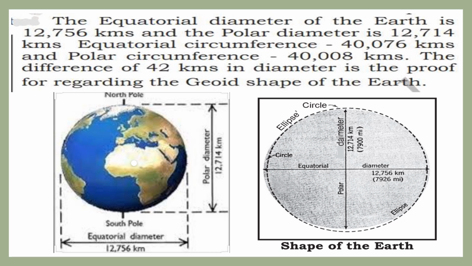The difference of 42 kilometers in diameter is the proof regarding the geoid shape of the earth. It is the exact proof that the shape of the earth is geoid.